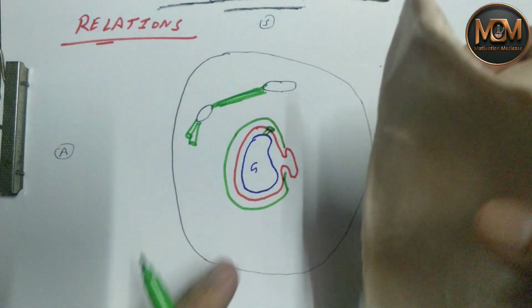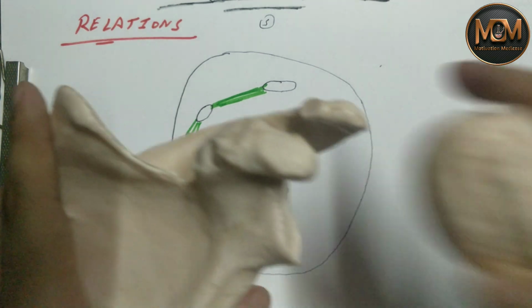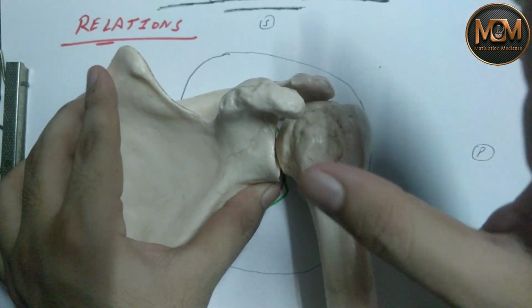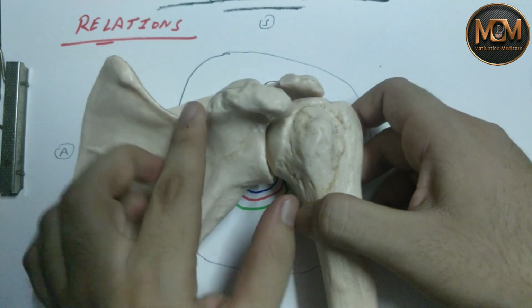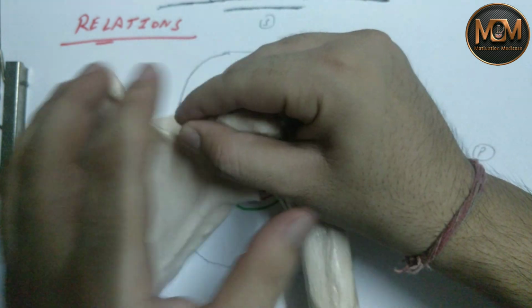Now after this we'll see the muscles present. See, just have an orientation. If you have an orientation, you will be able to understand all the relations. There is a muscle present over the joint like this, like this hand, this is the deltoid muscle.